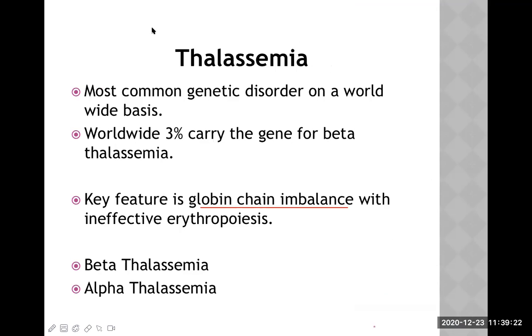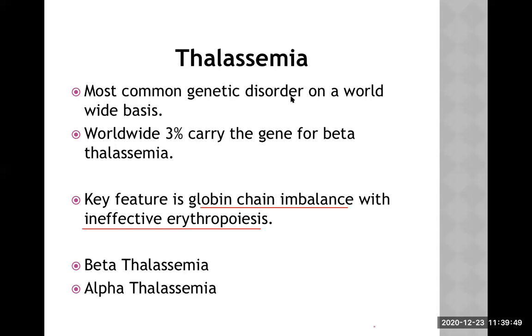Now, another term which is coming here is called ineffective erythropoiesis. What is the meaning of this? We have already talked about this before. The meaning is RBCs are getting synthesized in the bone marrow, but those RBCs are faulty. So immediately after they're synthesized, they are getting destroyed inside the bone marrow itself.